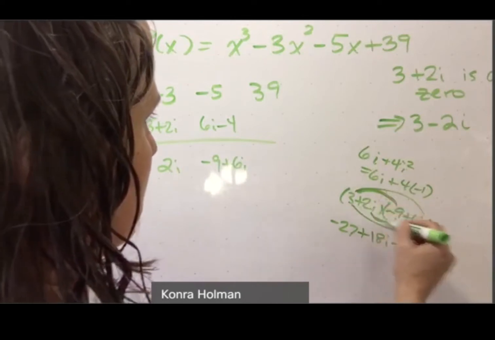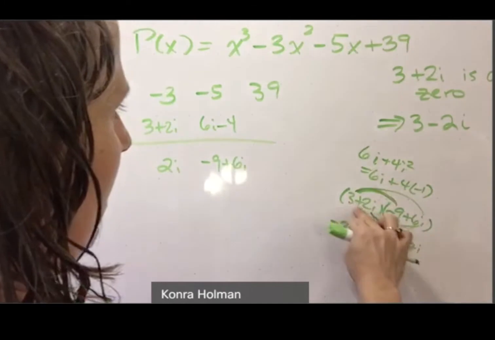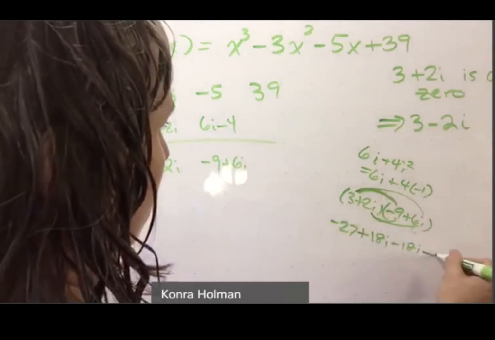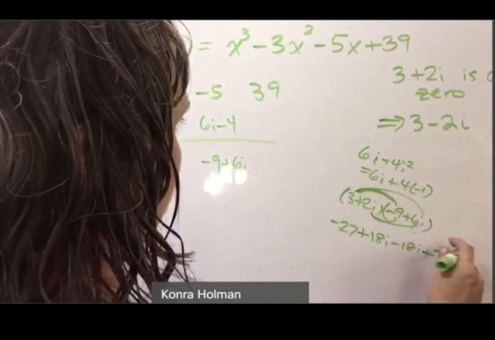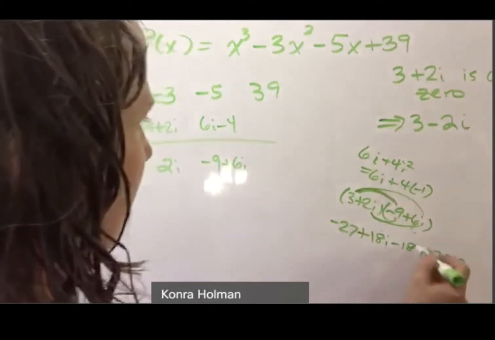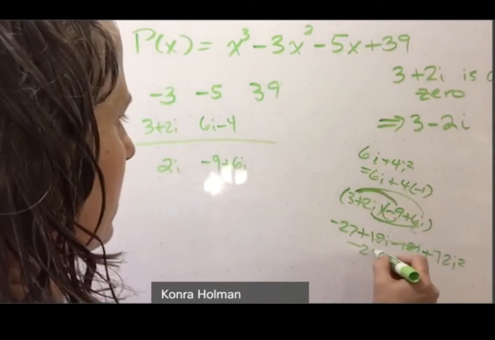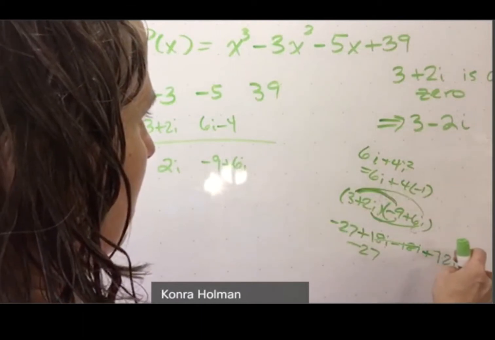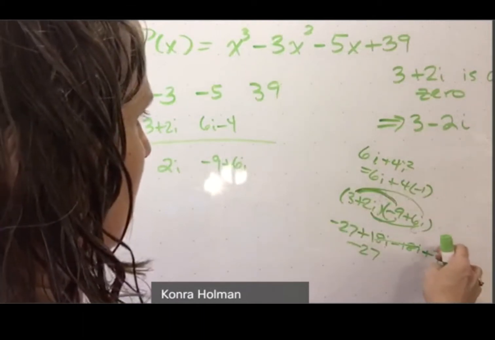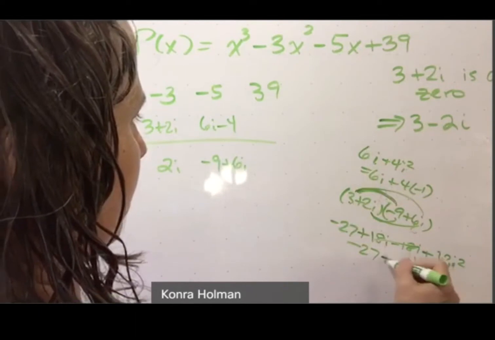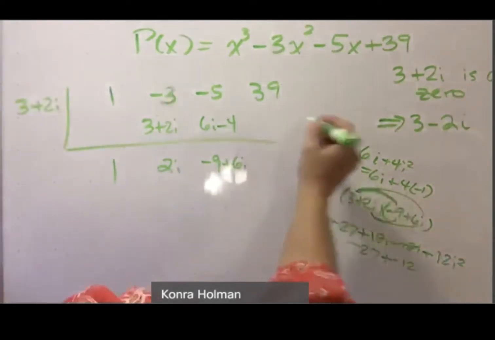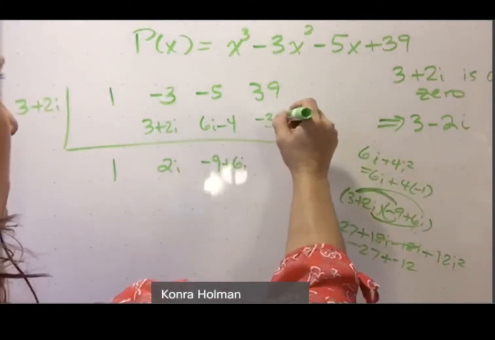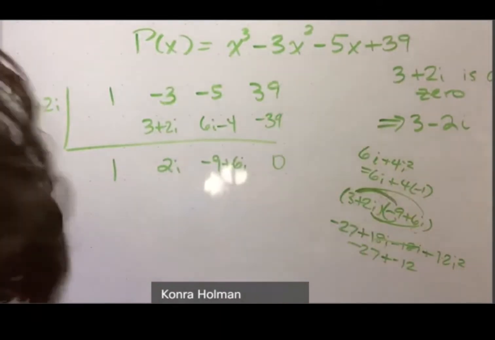The last was these two. And I got 12i squared. These two canceled. I got -27 plus -12, which is -39. Phew, was canceled.